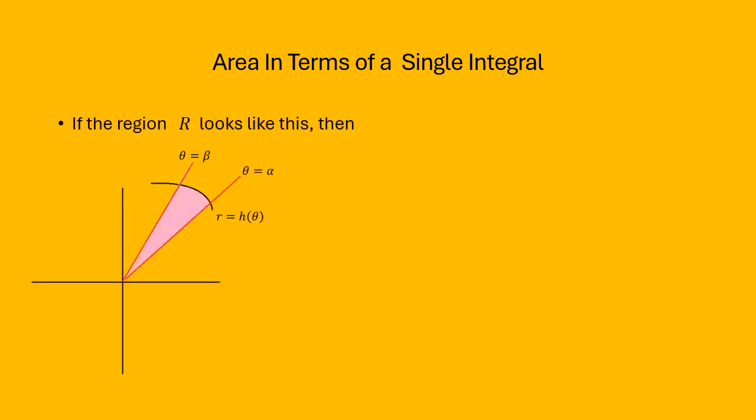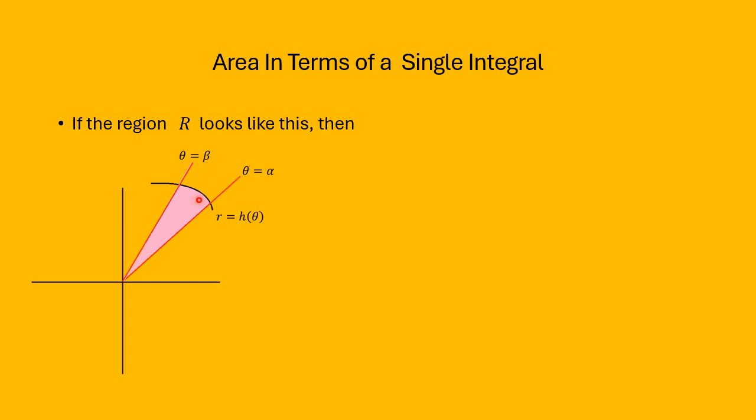So let's suppose that the region that we're going to find the area of is this pink region here. And it's defined to be the region between the two lines or rays theta equals alpha, theta equals beta. It's bounded up here by a function r equals h of theta.